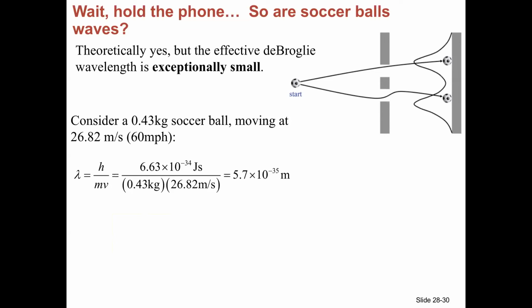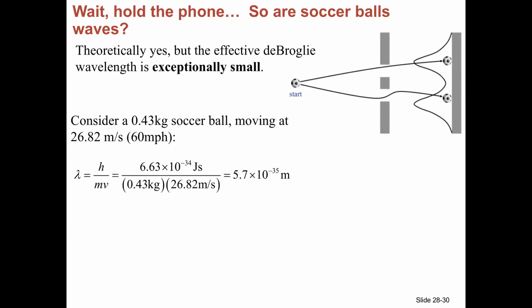If you compute this effective wavelength for the soccer ball, it is around 10 to the minus 35 meters, which is patently ridiculously small. To think about size scales, 10 to the minus 10 meters is about the width of an atom, and 10 to the minus 15 meters is about the width of a nucleus.